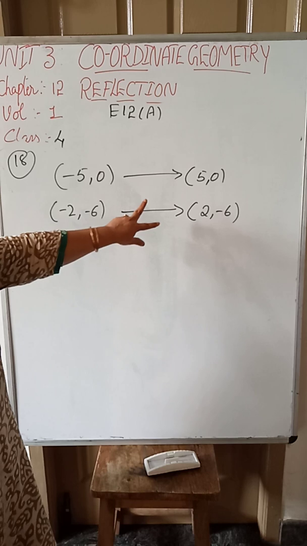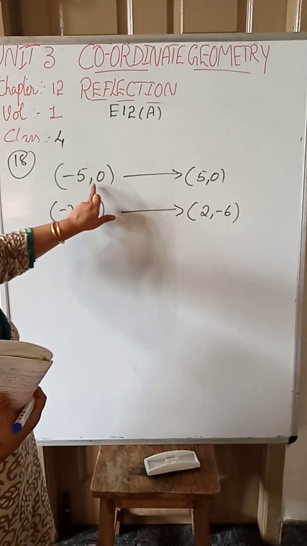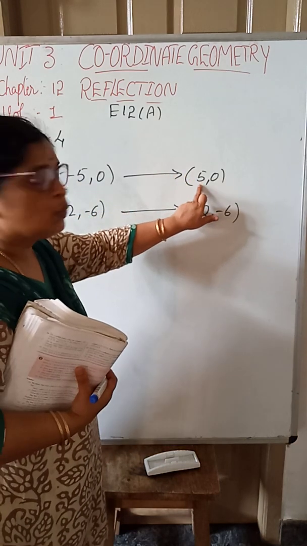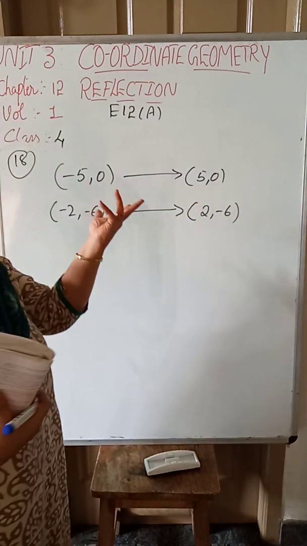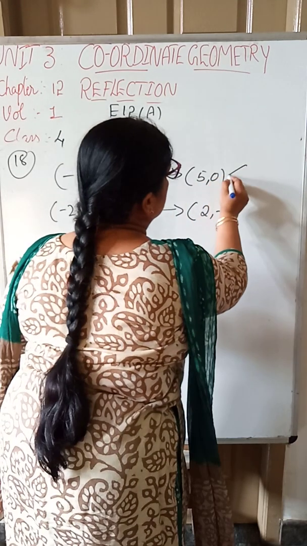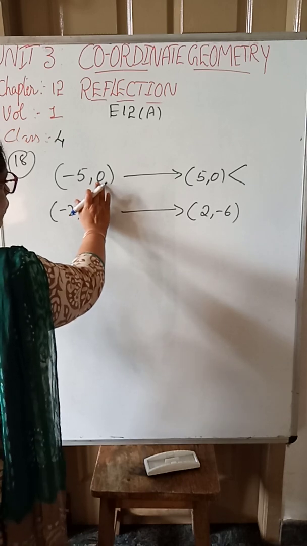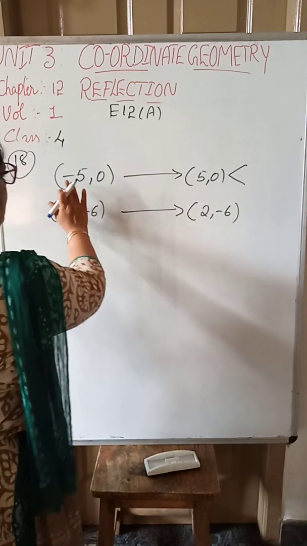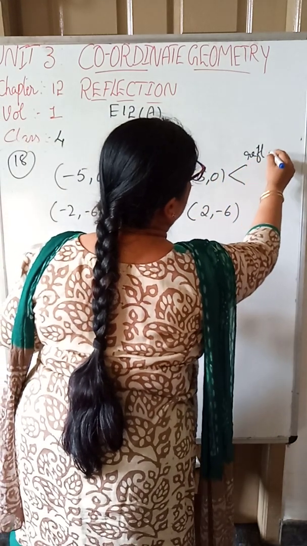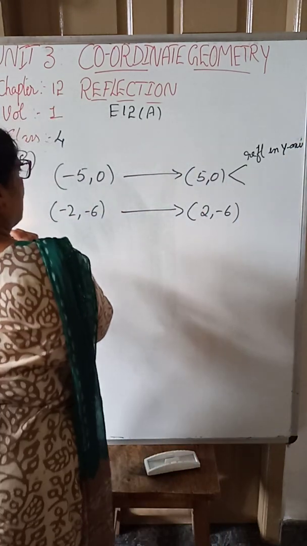Here they have given two coordinates. When we observe the first one, -5 has been changed to +5 and 0 is neither plus nor minus. So we can judge that when y remains the same and x changes, it can be reflection in the y-axis.